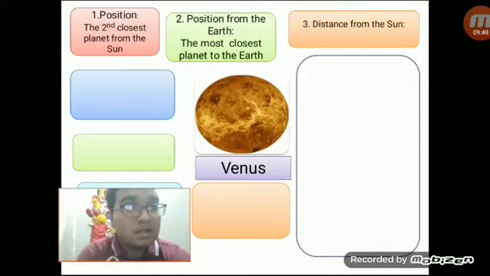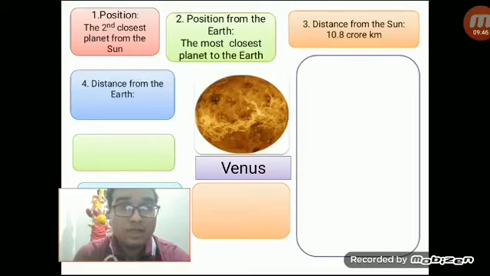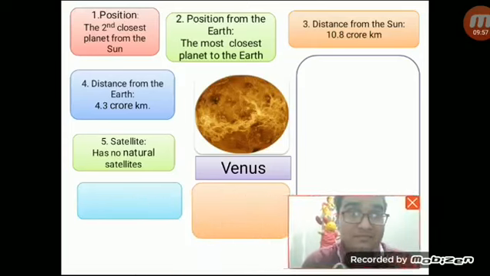Then distance from the sun: it is situated 10.8 crore kilometers from the sun. Then distance from the earth: it is situated 4.34 crore kilometers from the earth. Then satellite: it has no natural satellites.